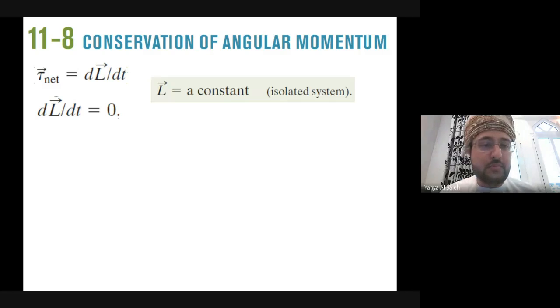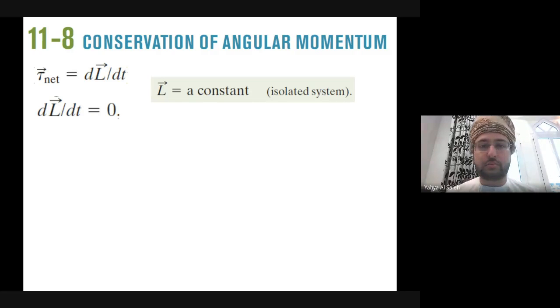If you have zero torque, just like if we had zero net force, let's start over. I'll come back to zero again. My torque is dL over dt. What happens if I don't have any external forces?